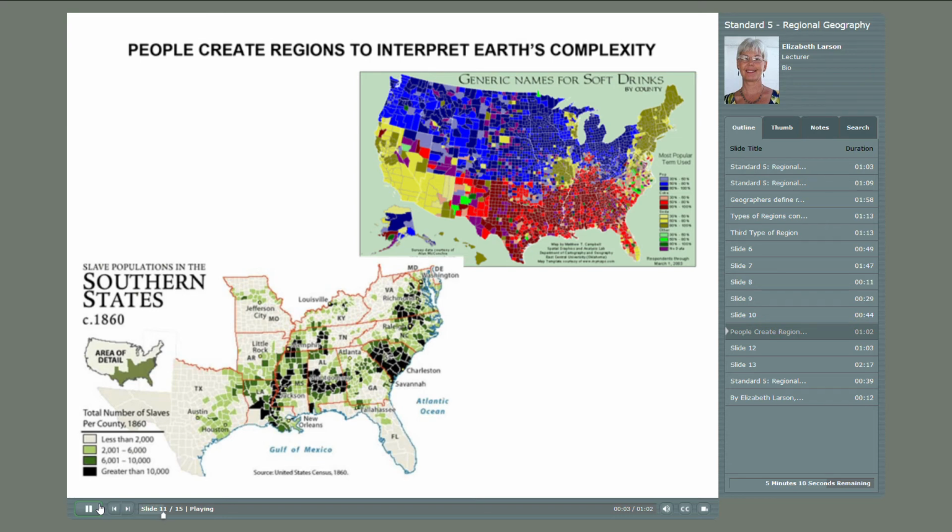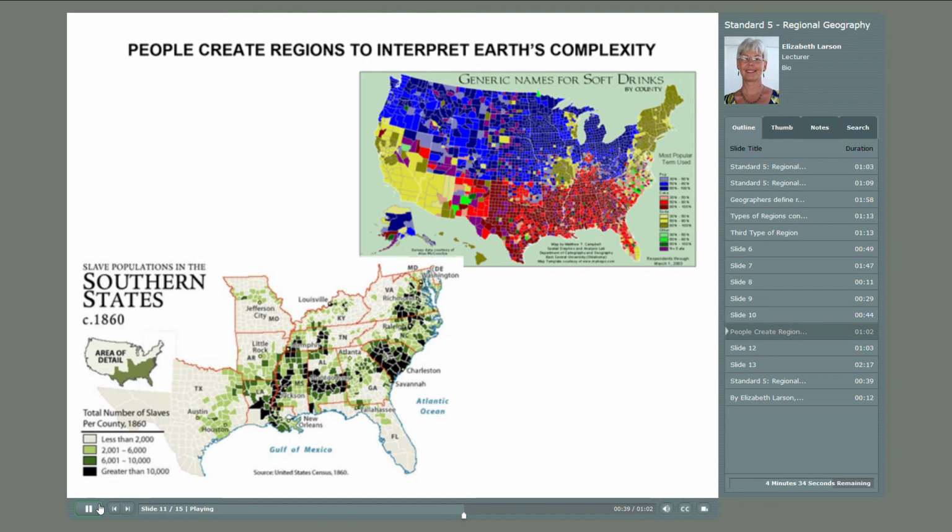People create regions to interpret Earth's complexity. Understanding the nature of regions requires a flexible approach to the world. The criteria used to define and delimit regions can be spatially precise, such as coastlines and political boundaries, or as spatially amorphous as suggesting the general location of people with allegiances to a particular professional athletic team, or identifying a market area for distributing the recordings of a specific genre of music, or a regional name preference when referring to soft drinks.